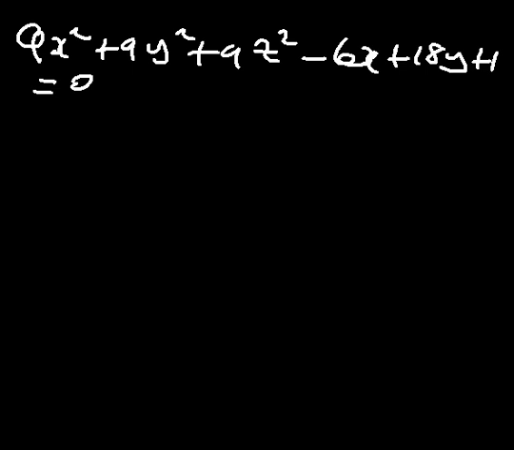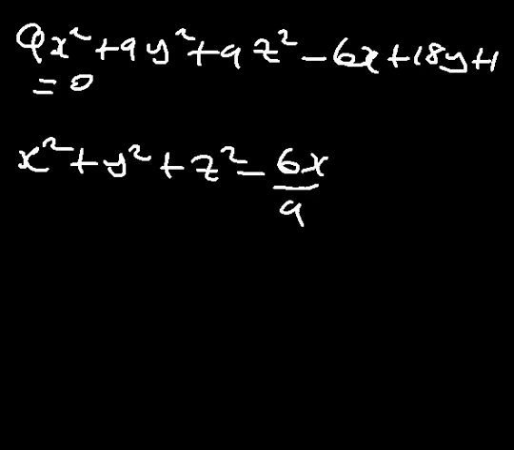So now let's bring these formulas together. First thing, we have to remove the coefficients by dividing everything by 9, in the sense that we have x squared plus y squared plus z squared minus 6x over 9 plus 2y plus 1 over 9, which is equal to 0.